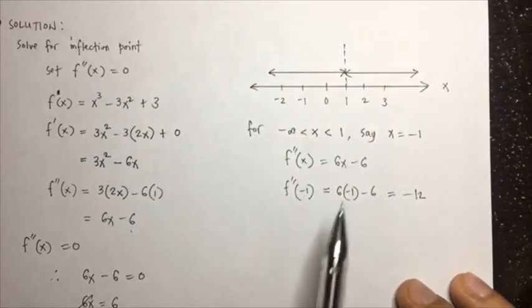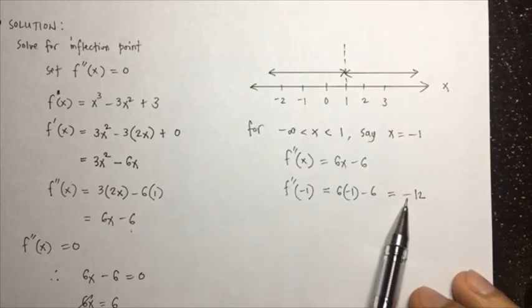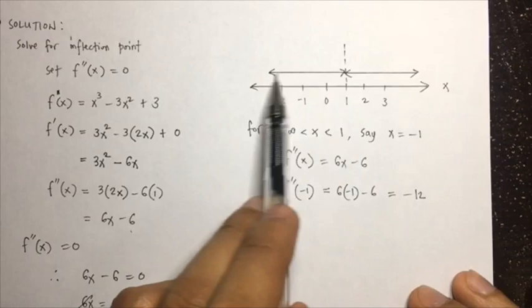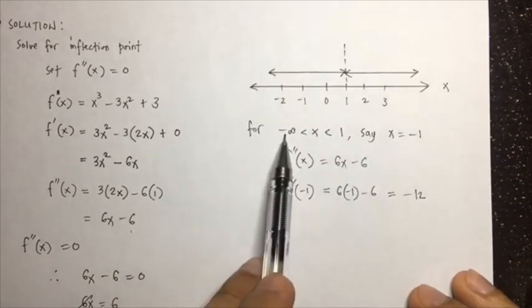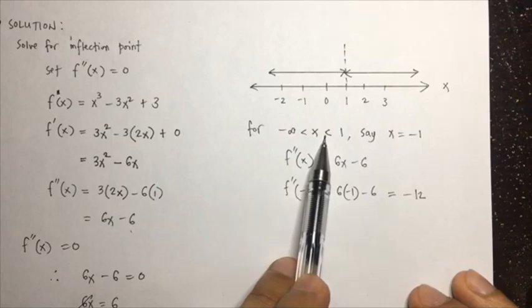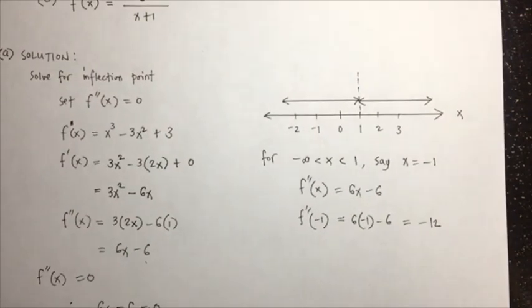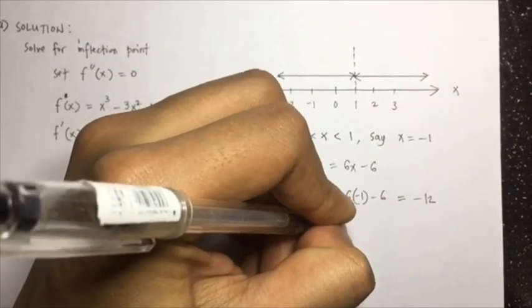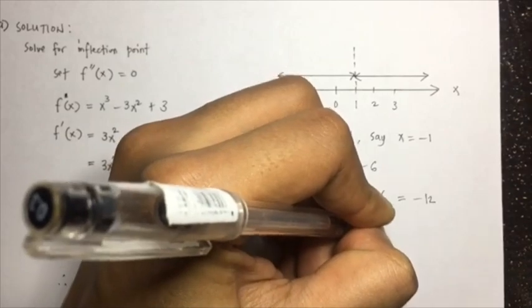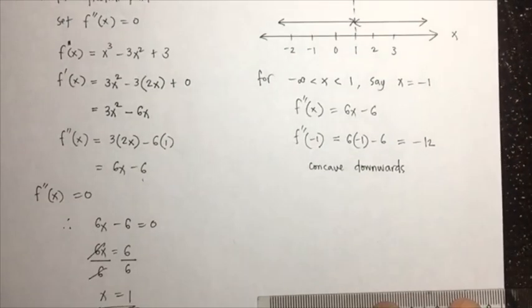Since the second derivative is negative in this interval, from negative infinity to 1, the curve is concave downwards. It's that easy.